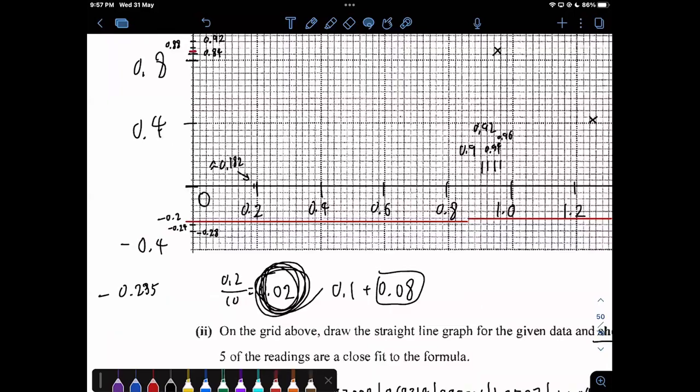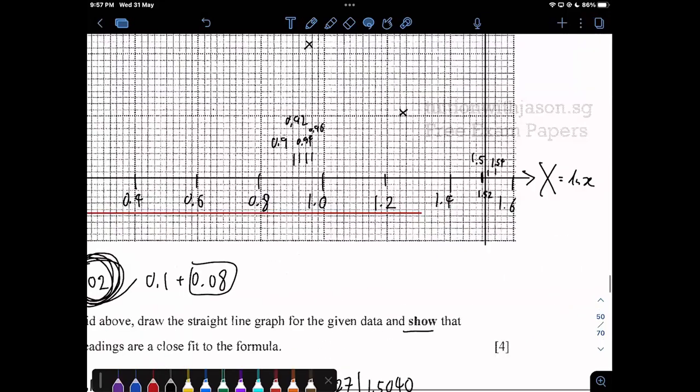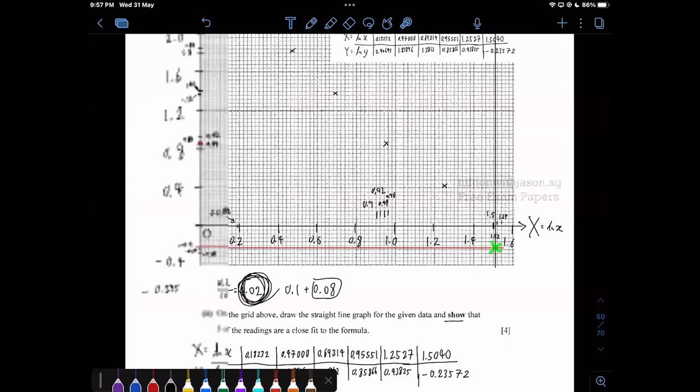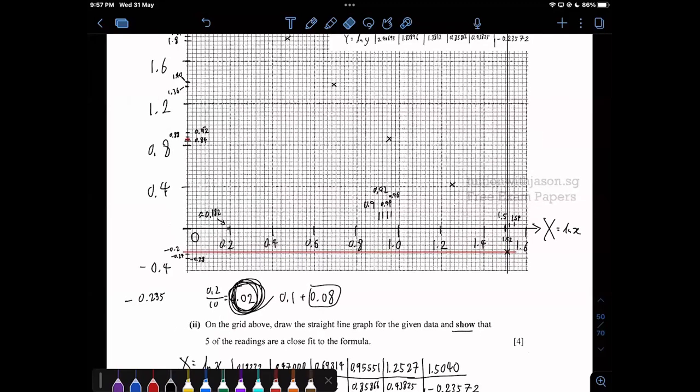Good. Then you just extend until you hit the y-axis, the vertical line. Okay, good. Then you plot the point there. And then finally we are done. Clean up, erase all the helper lines. Don't make it so messy.